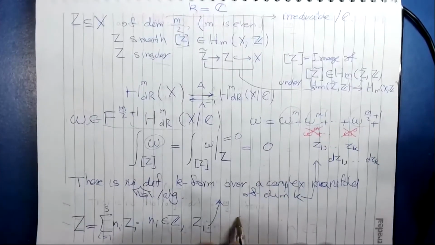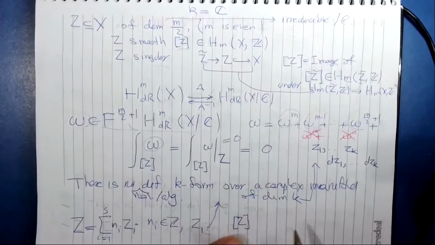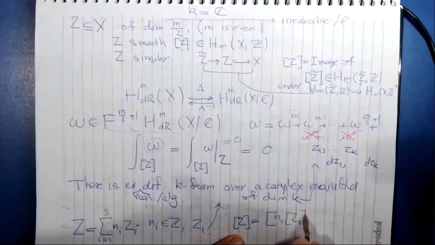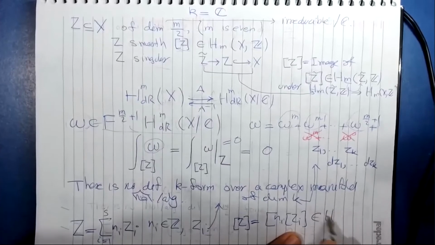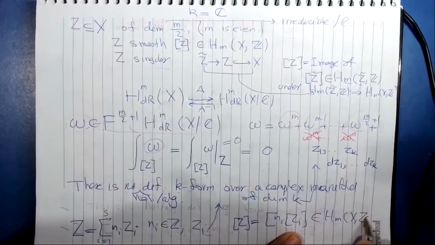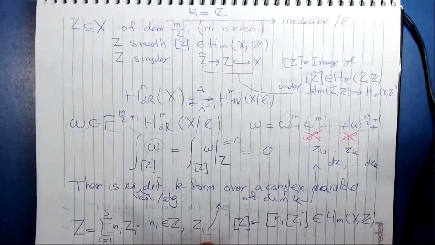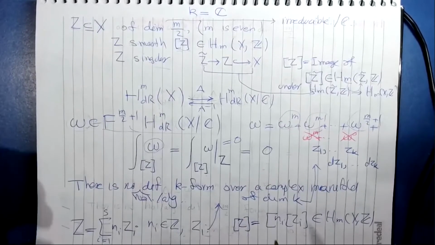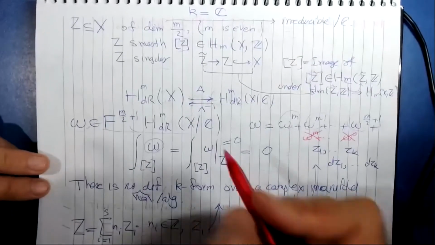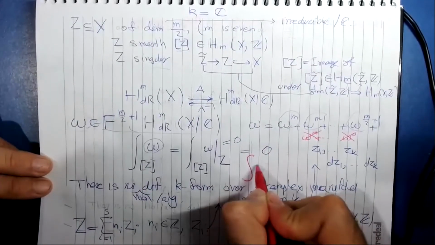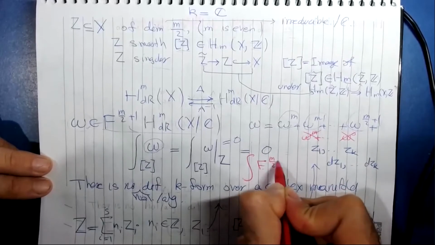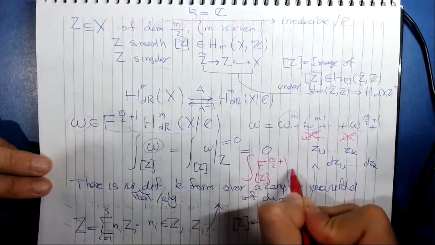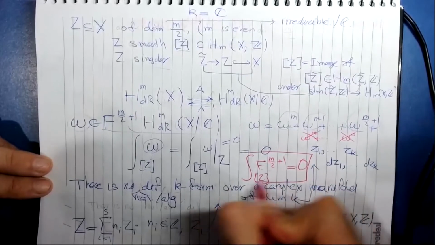It turns out that for this one also we can define the homology class, which is just the sum of n_i times the class of Z_i, in H_m(X, Z). And again, what we have shown is that the integration of F^(m/2+1) forms over this class, by linearity, is 0.